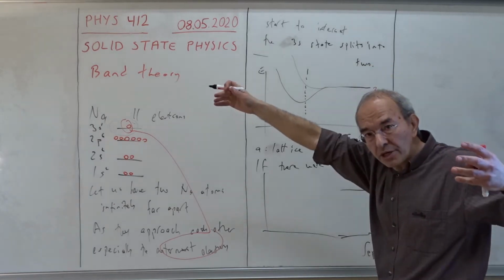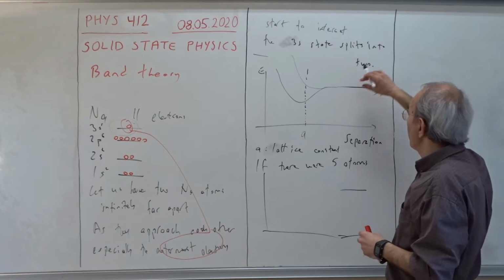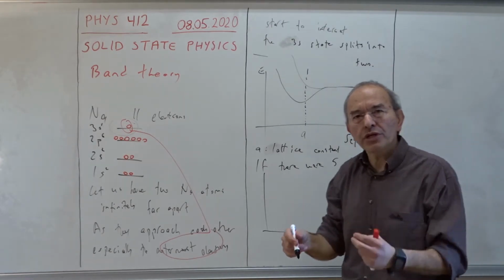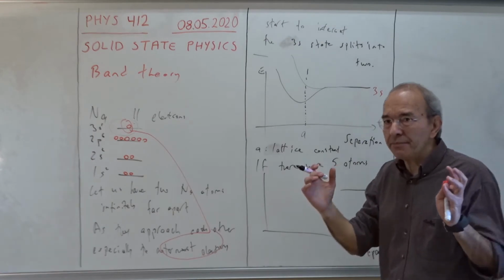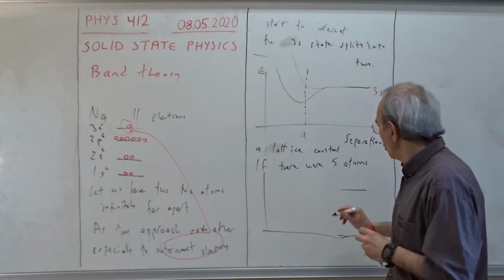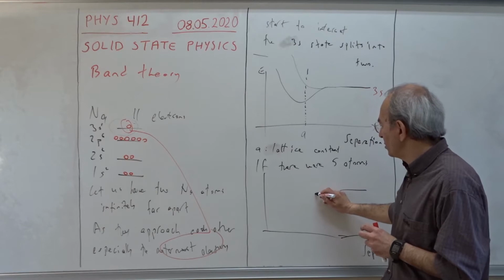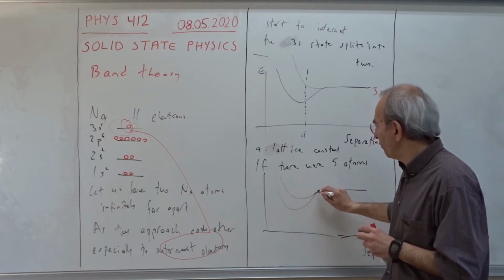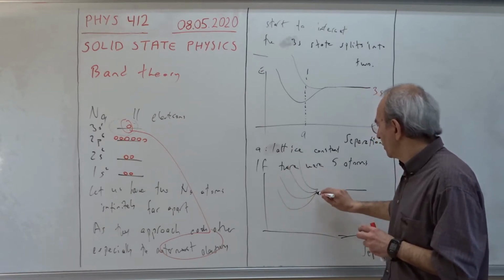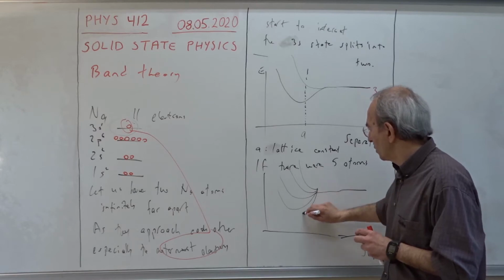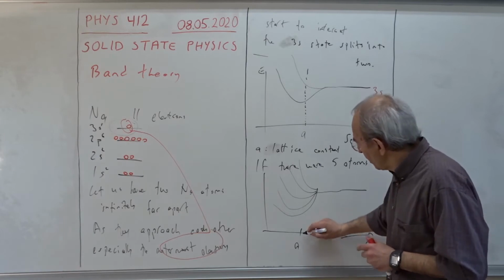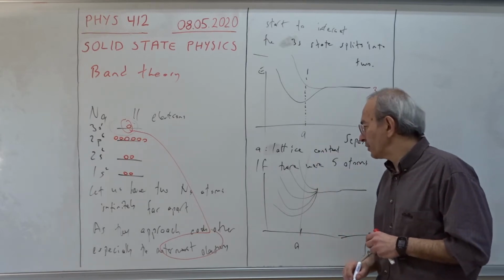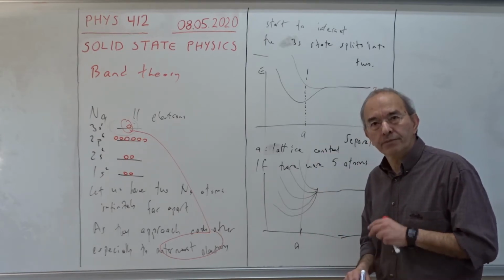For great separation, infinity far apart, we have only one level, of course, for each atom. Now we go from right to left, which means we are making them nearer and nearer. So this one now splits into 5. Again, at the level of equilibrium value A, we have these different states.